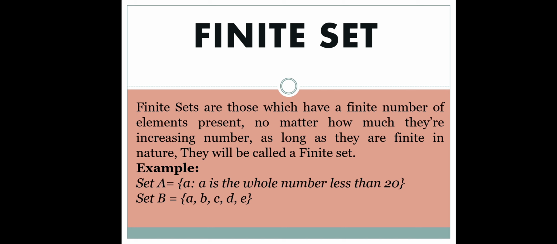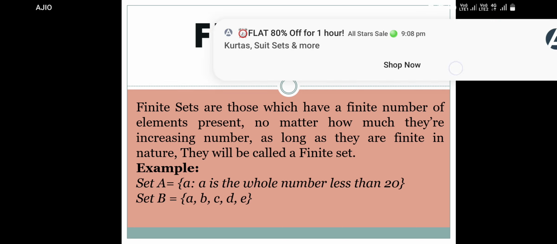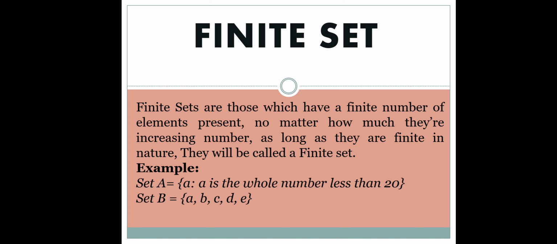So, refer to the example. Set A is such that A is the whole number less than 20, isn't it? So, the whole number starts from 0, isn't it? It ends at 19 because the number is less than 20.